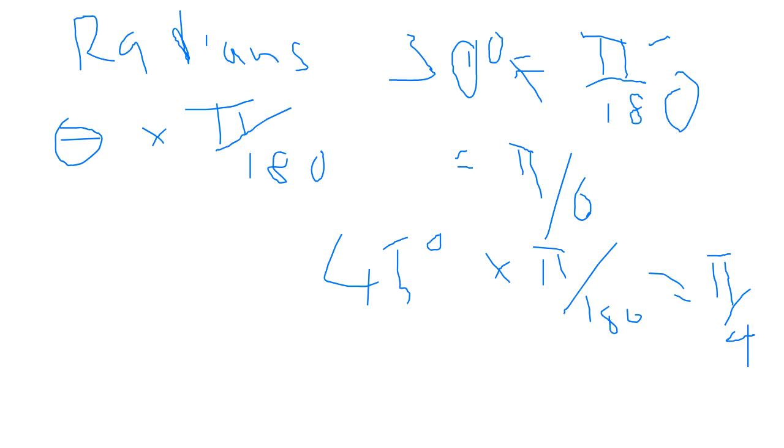Then the last one, if I have 60 degrees and I want to convert to radians, it will be times pi over 180, which will be equal to pi over 3.